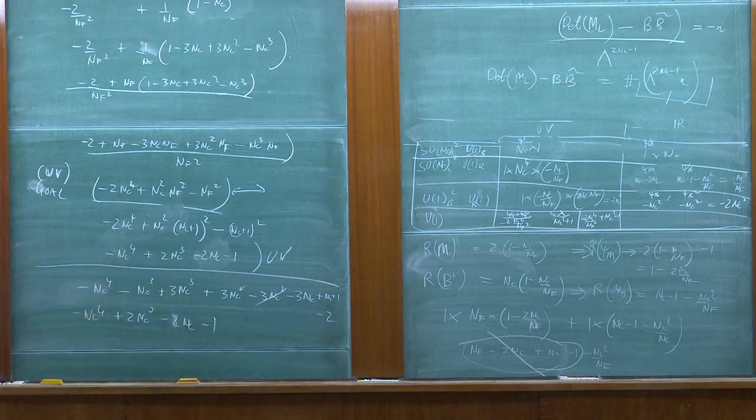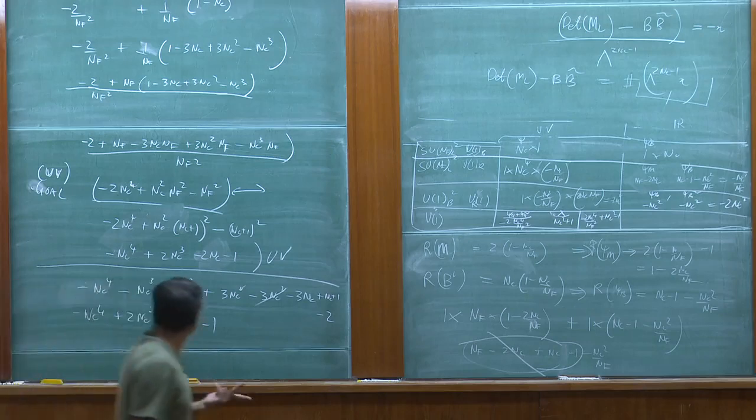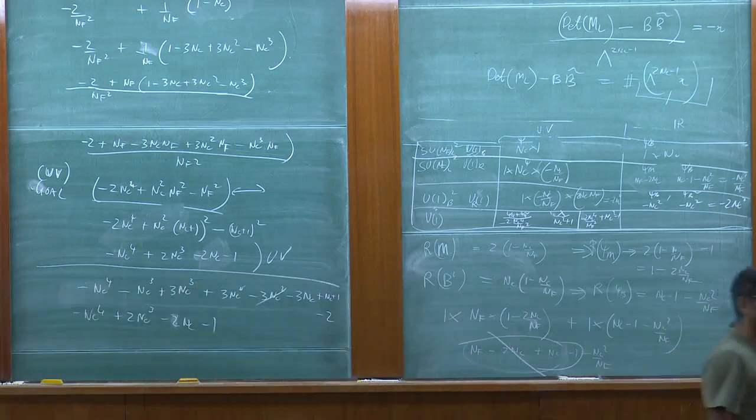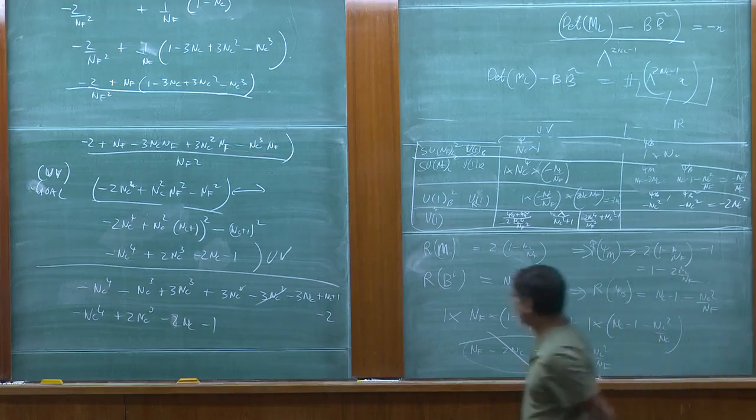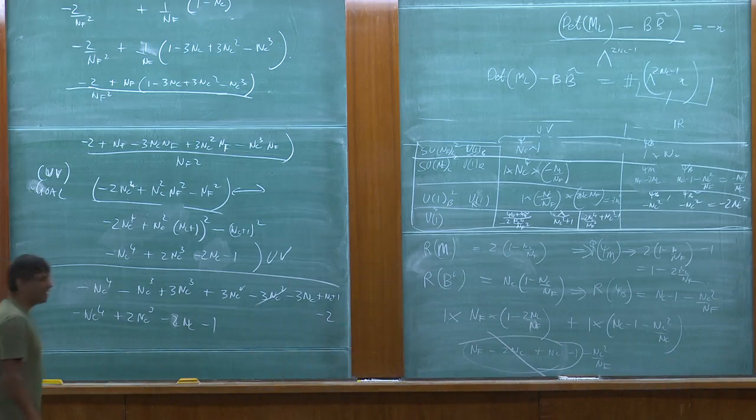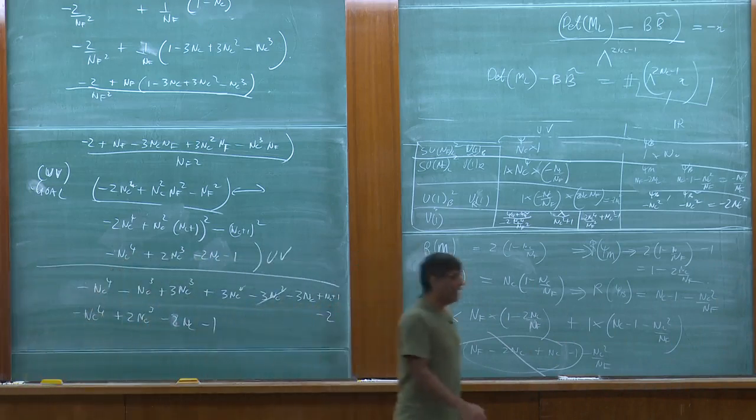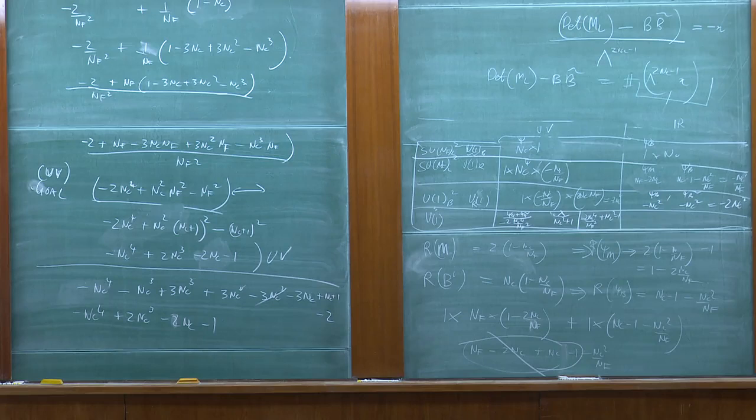Isn't it remarkable? There are two things remarkable. A, that it works, and B, that we managed to do it right on the blackboard. Okay. Excellent. I wanted to go through all of this really in full detail for you, just because I know when I was a student, people would say, you can do the anomaly matching and it works.